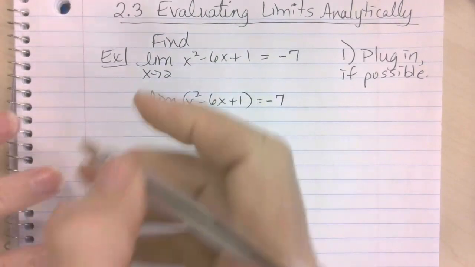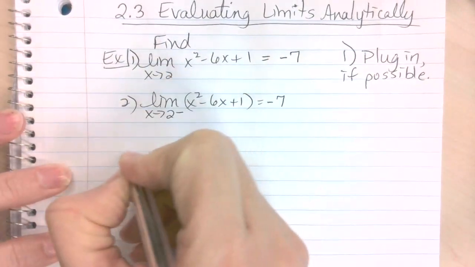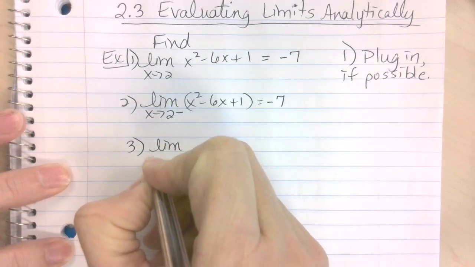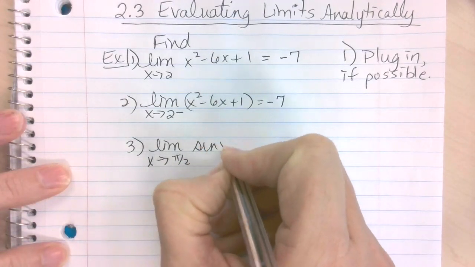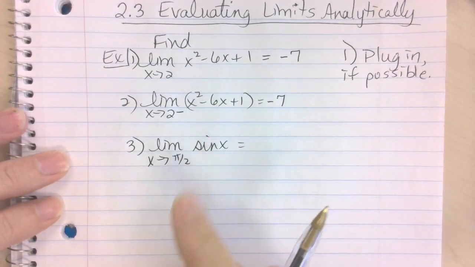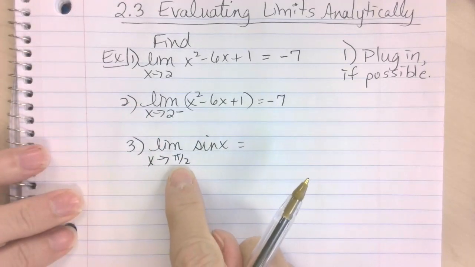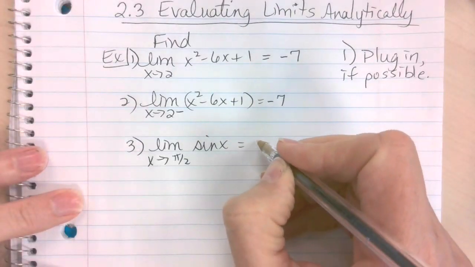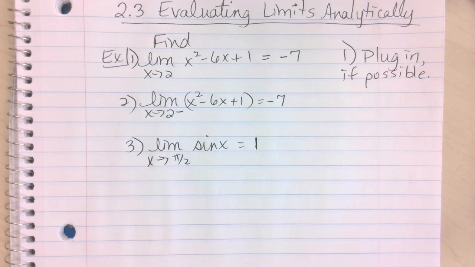So, rule number 1, even if it were a trig function, again, sine of x is a nice smooth curve. If we are taking left and right limits as x approaches pi over 2, well, the sine of pi over 2 is actually 1, so the right and the left are going to that 1, easy peasy.